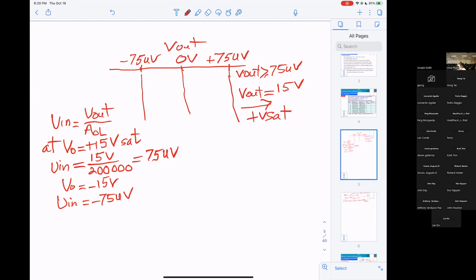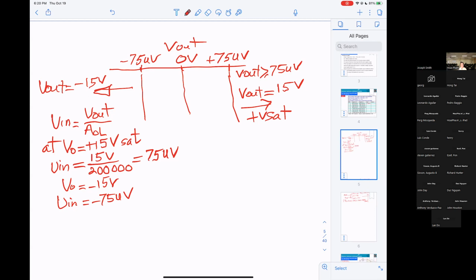And if it's less than minus 75 microvolts, V out equals minus 15 volts. That tells you, no matter what the gain or the input, if it's higher than, in this case, 75 microvolts or less than minus 75 microvolts, the output has to be saturated.